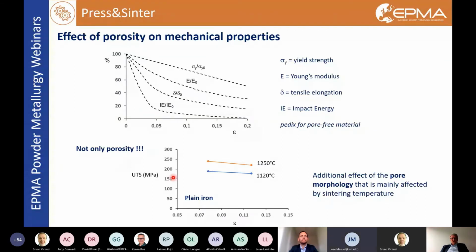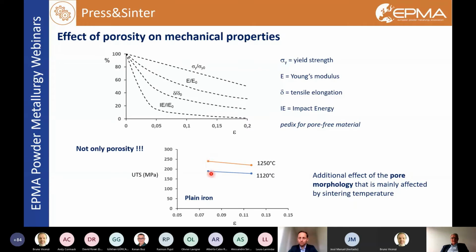This figure clearly shows that, for instance, the tensile strength of plain iron decreases on increasing porosity, but for the same porosity, the UTS of the parts sintered at 1250 Celsius degrees rather than 1120, that is the common sintering temperature, is significantly higher.